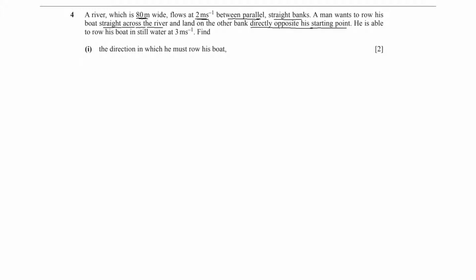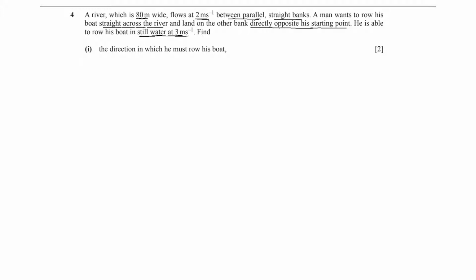In the last line of this question, it says that the man can row his boat in still water with a speed of 3 meter per second. Before solving this math, let's see what data we have in our hand to solve this problem. Here, we know that the speed of the water is 2 meter per second, but we don't know the direction of this flow yet.